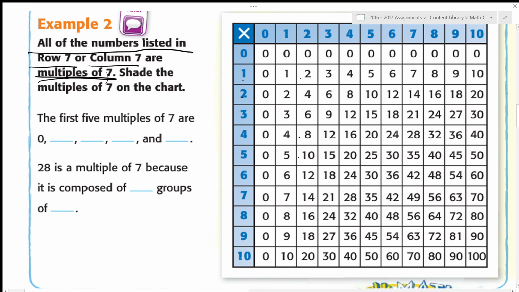Now, if you look at 10, all of them end in a 0 because that's part of how 10 works. And these are all the multiples of 10 up to 100.